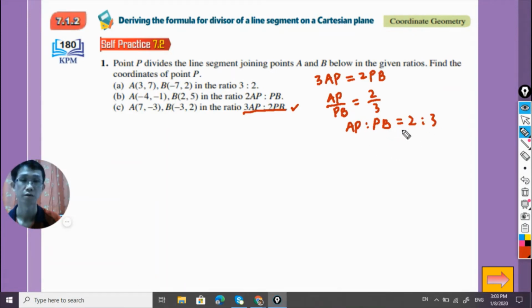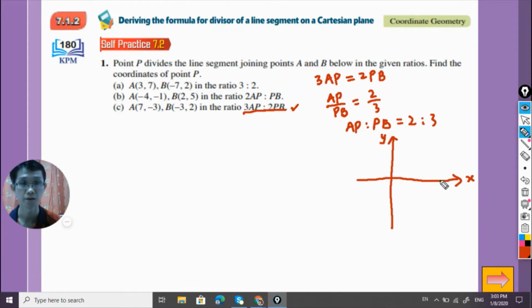Okay. So once you get this ratio, I think you can start sketching the position of the point on the Cartesian plane and get an idea where's the location and position of the point, so that you can apply the formula in your solution. So point A is 7 and -3, so it should be somewhere here.